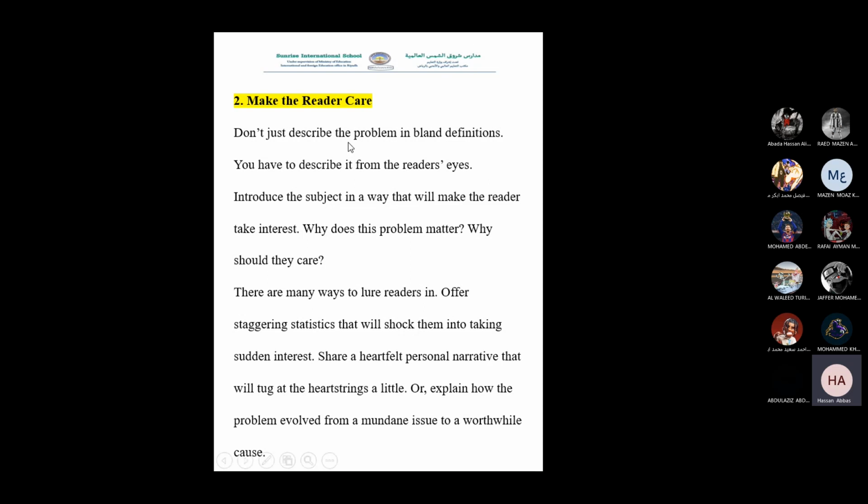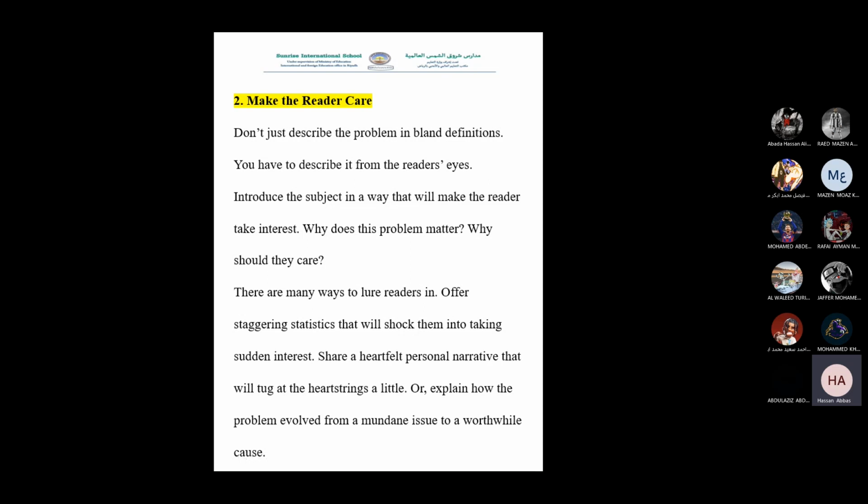So don't just describe the problem in bland definitions. Don't define the problem in many definitions. Try to describe the problem, try to explain it. Define the title, or define the first concept, the first term: homeless, what does homelessness mean? Then after that, try to explain that. You have to describe it from the reader's eyes.